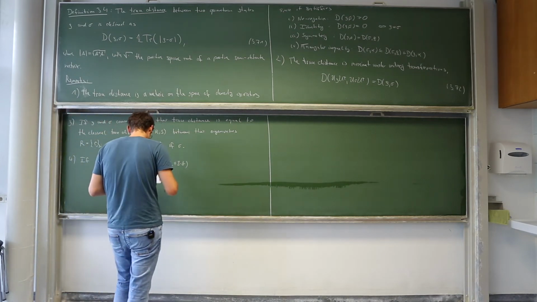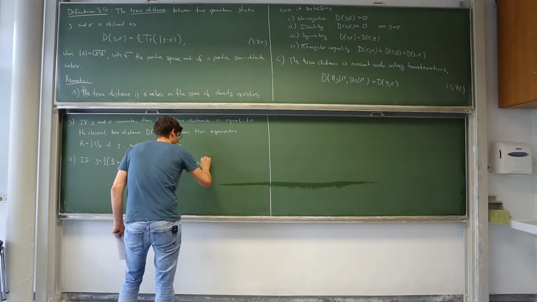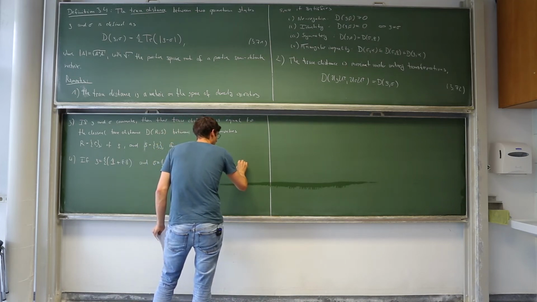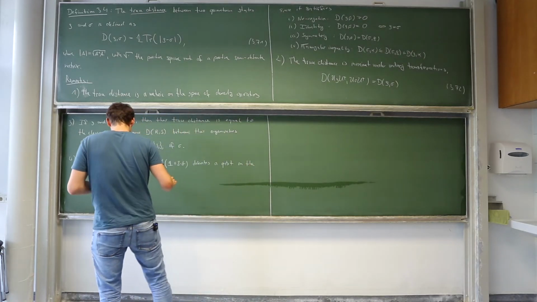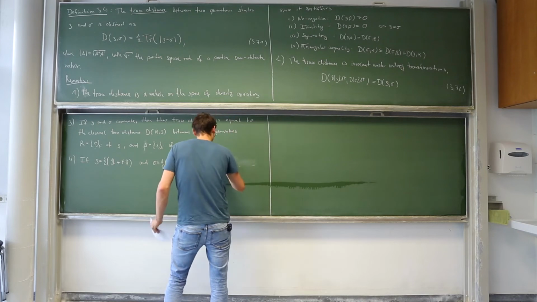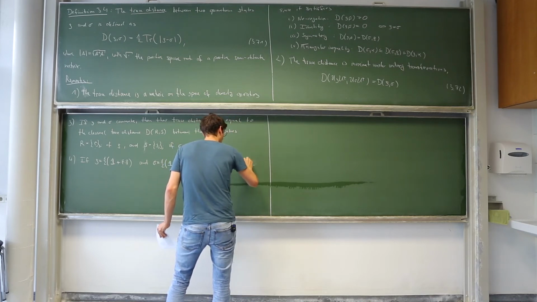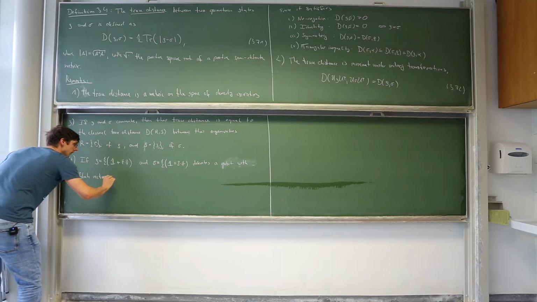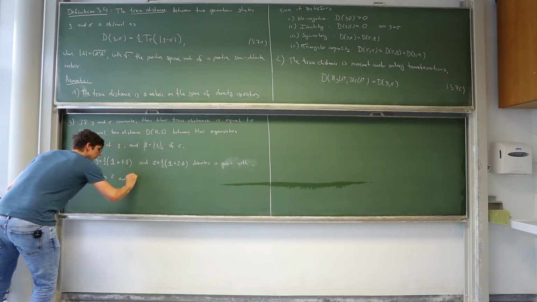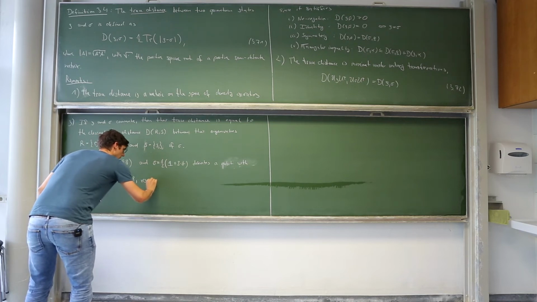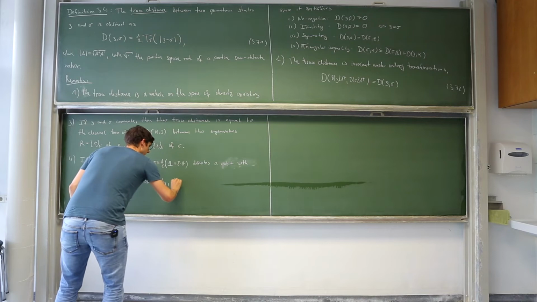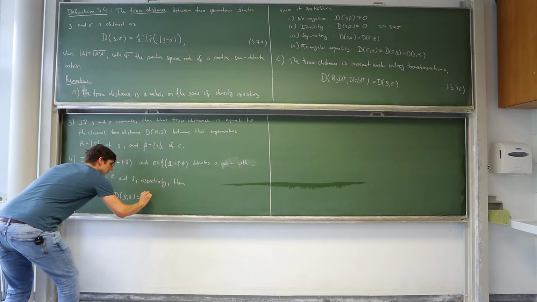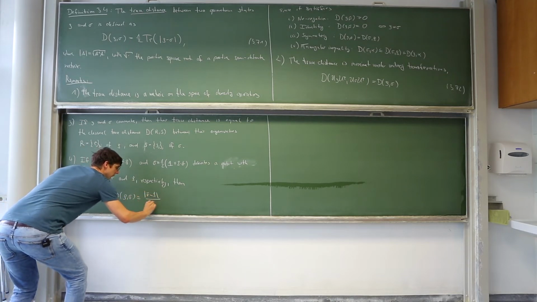If rho and sigma describe a qubit on the Bloch sphere with Bloch vectors r and s respectively, then the trace distance of rho and sigma is the modulus of r minus s divided by 2.